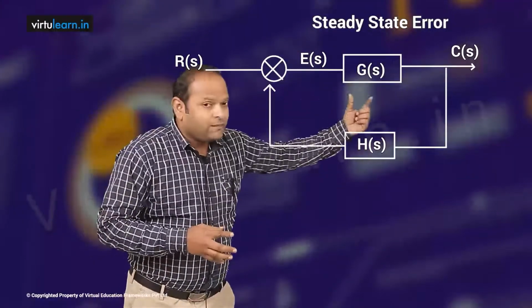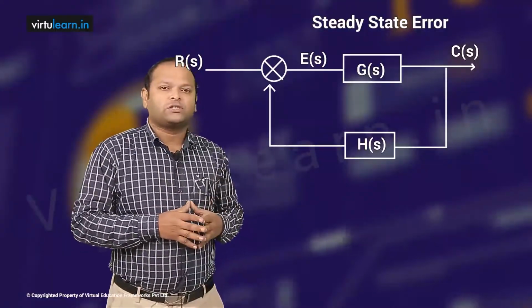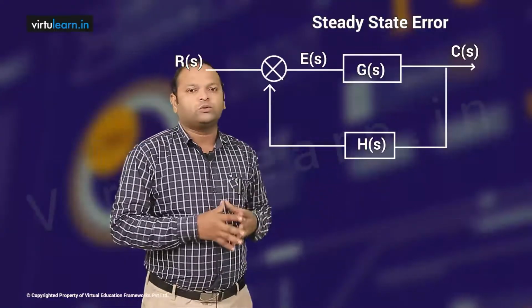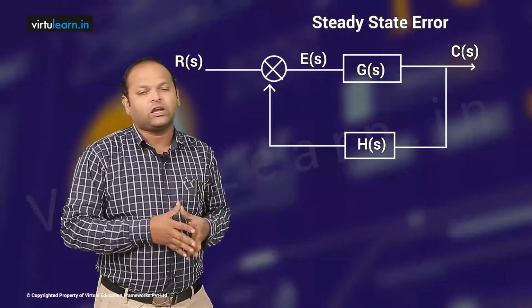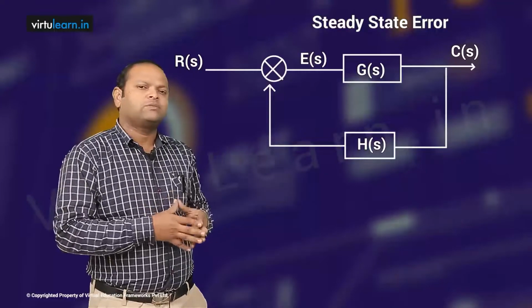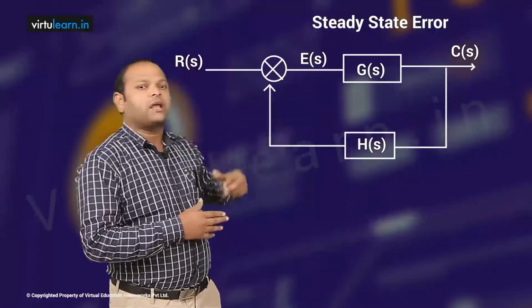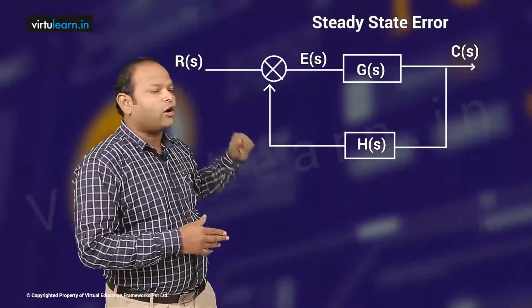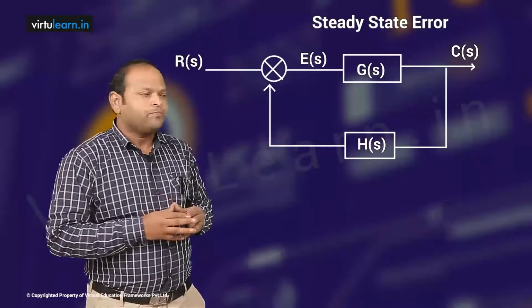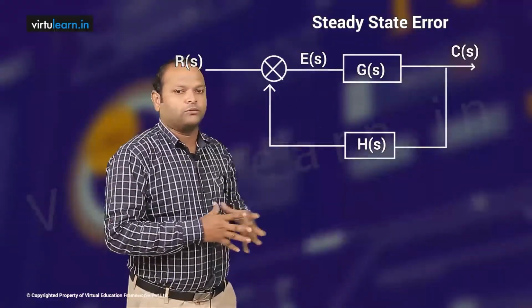The ultimate aim of any control system is to see that your actual response is equal to the desired response, or the output variable is equal to the input variable. Sometimes, in the presence of disturbance, or if the input is varying, the output should also vary according to the input variations. Now, the error is the difference between input and output.